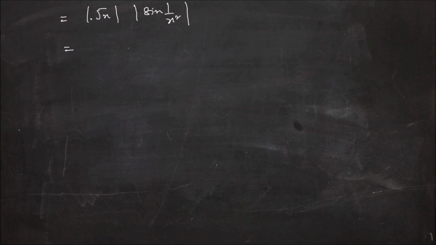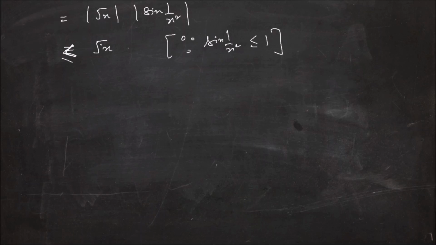Root x is always positive because this is the positive square root of x. So we can write it like this, and |sine 1 by x square| is less than or equal to 1. So I can replace this by 1, since |sine 1 by x square| is less than or equal to 1.